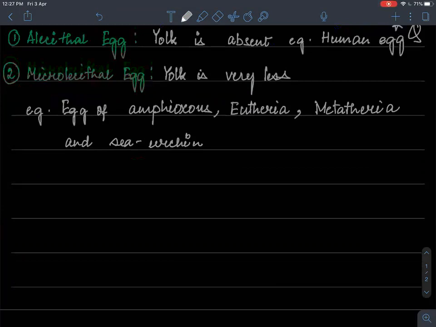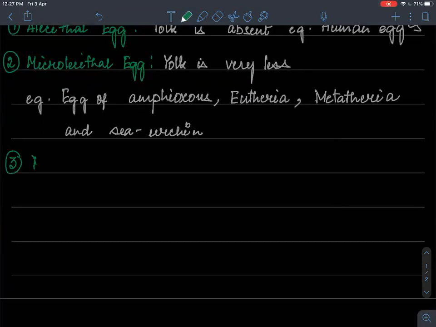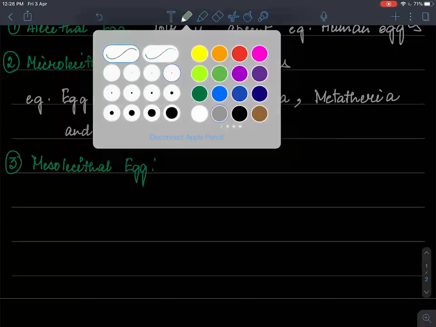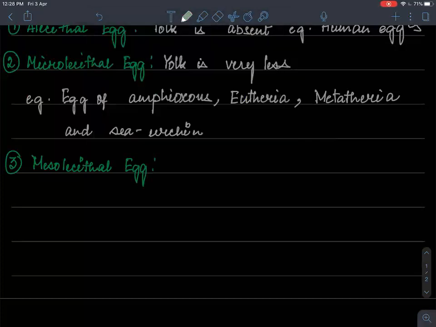Next, number 3, there is mesolecithal egg with a moderate or medium amount of yolk. So the amount of yolk is moderate, that is medium.